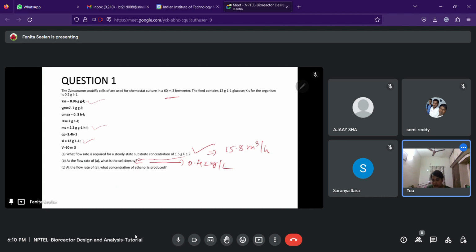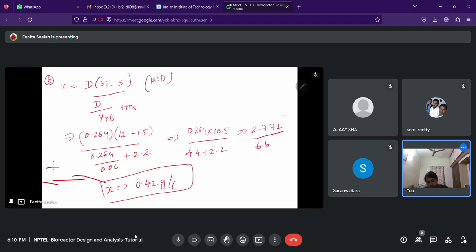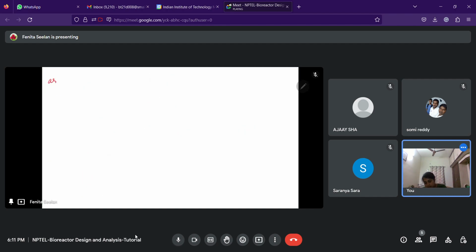Assuming ethanol is not present in the feeding stream, Pi, the product at the initial stage, is 0.